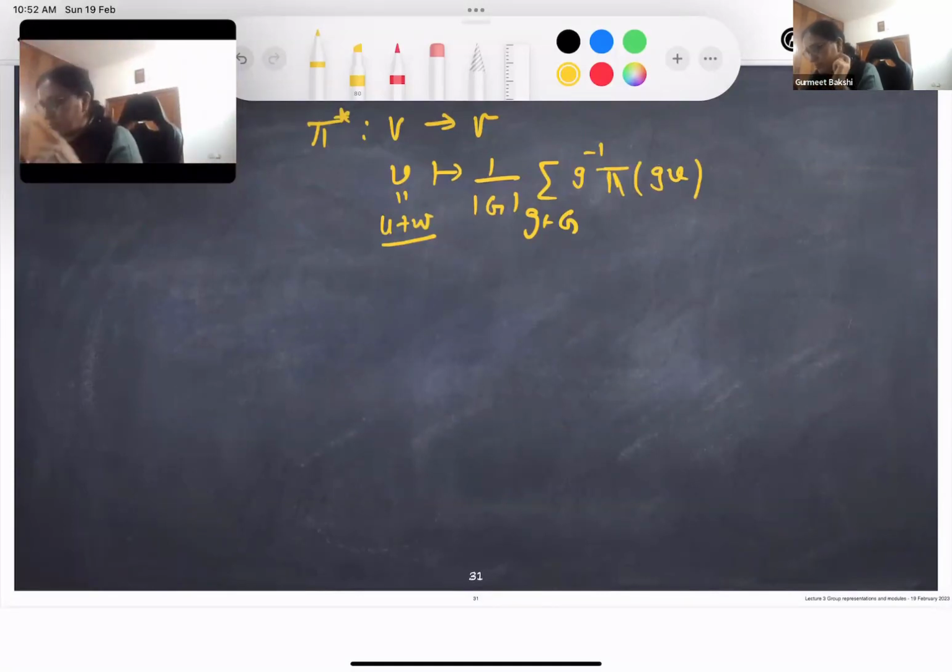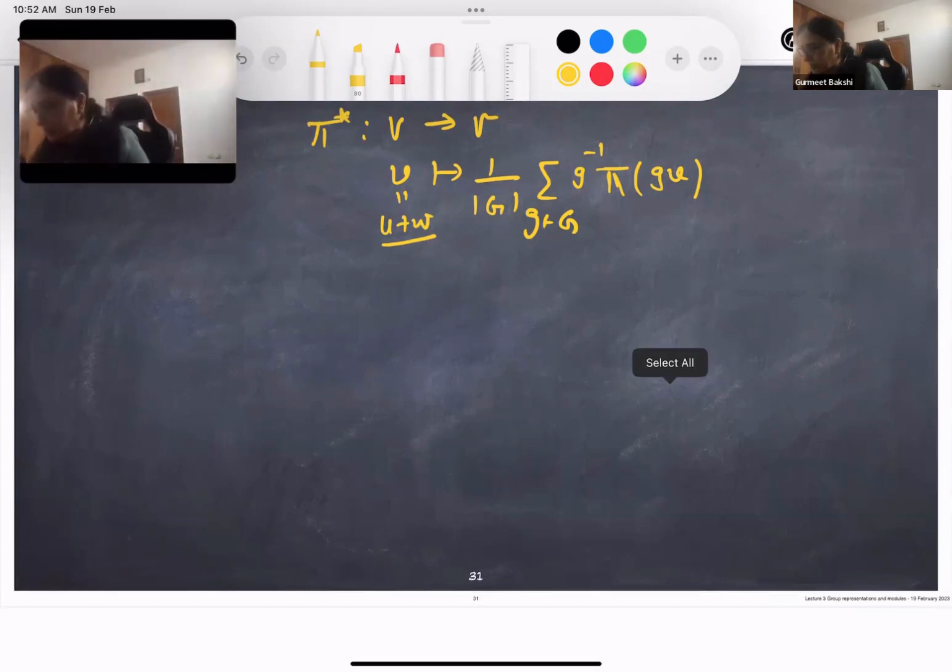GV you have to decompose as a component in U and a component in W, and project it onto the U part. So this is that.